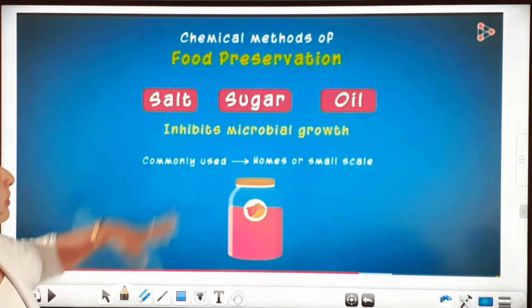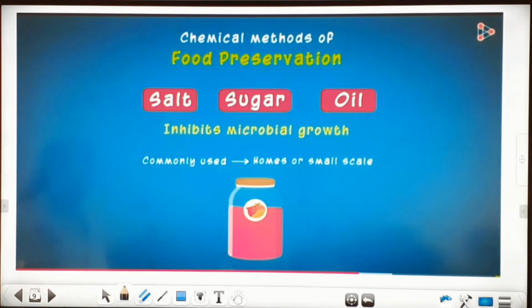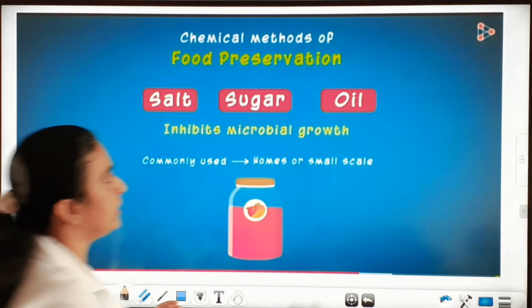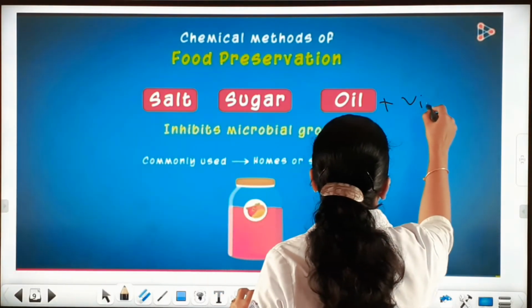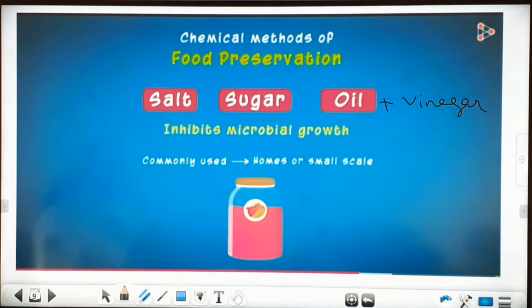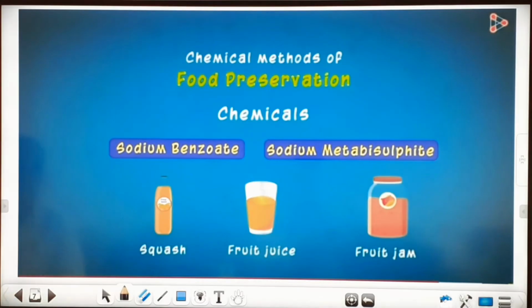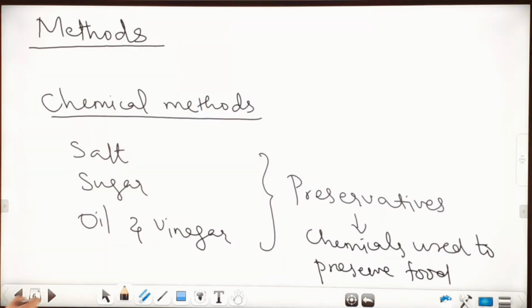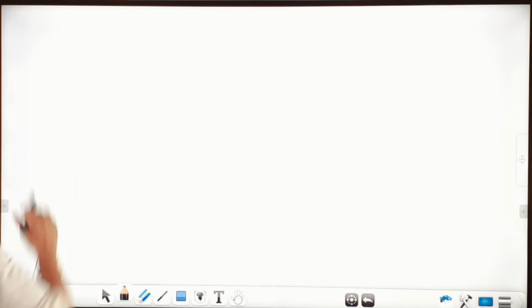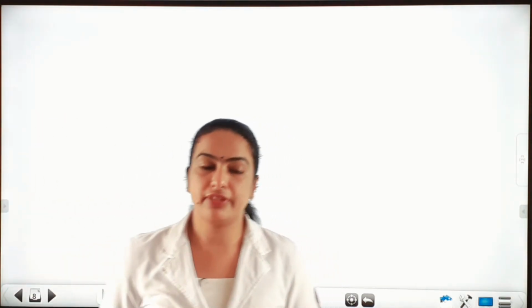So the commonly used chemical methods of food preservation: salt, sugar, oil plus vinegar also there. Vinegar means acetic acid. Okay. And now we can see some commonly used chemical substances. For example, for keeping pickles at home, we can use vinegar.